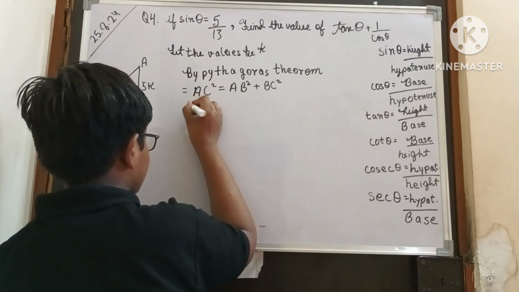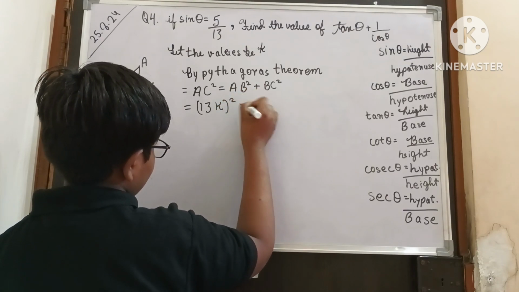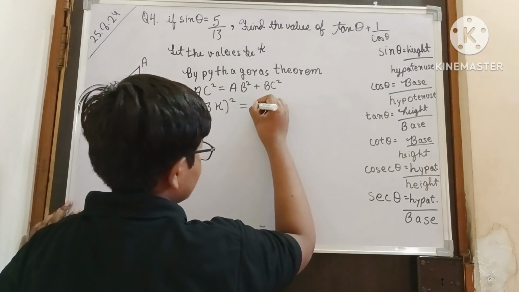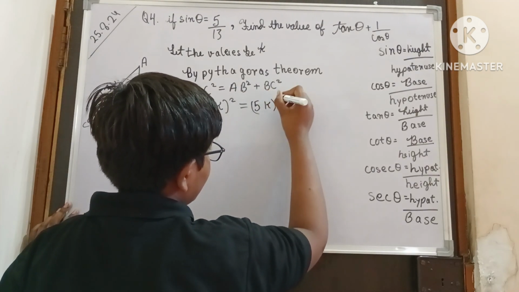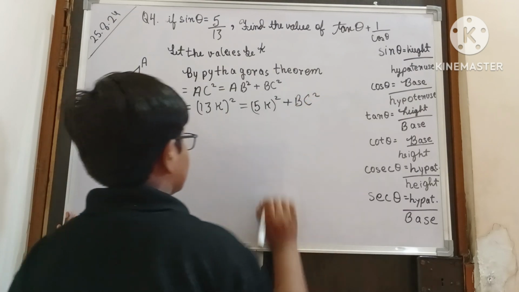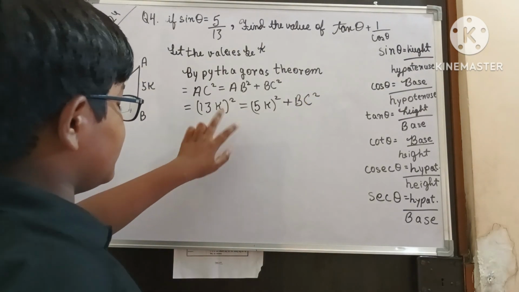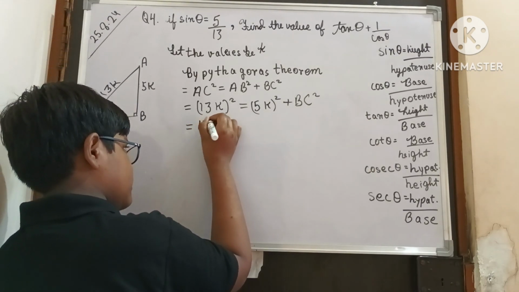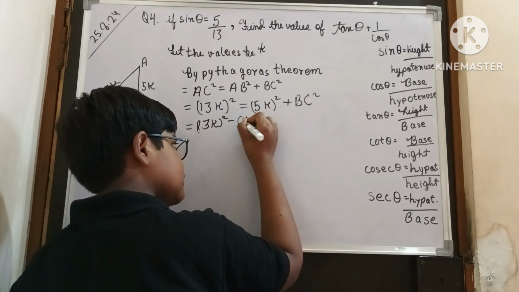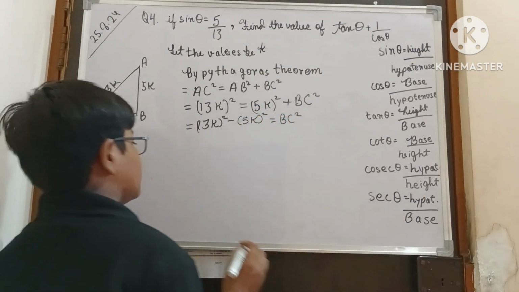AC value is 13k, which will be squared, is equal to AB square, AB's value is 5k, which will also be squared, and we do not have the value of BC, so we will leave it written as BC squared. Now this value will be transferred here, and it will become 13k square minus 5k square, which will give the value of BC square.